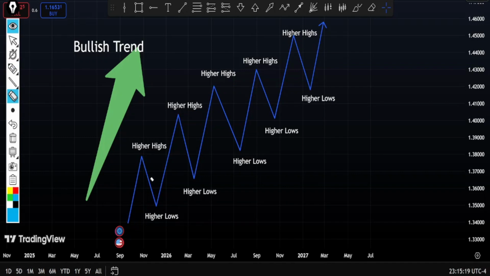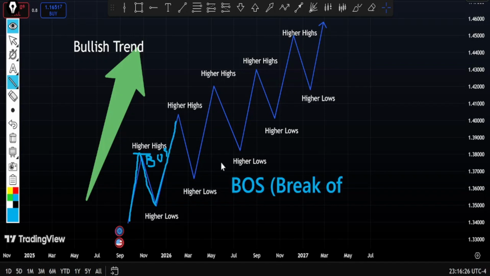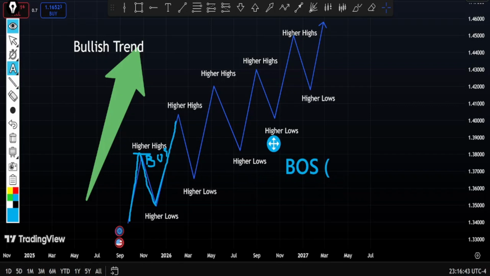When the market is making higher highs, it is doing what they call breaking of structure. Once the market breaks this previous high, it is known as BOS, break of structure.